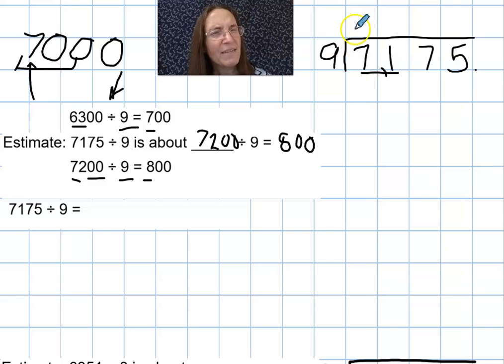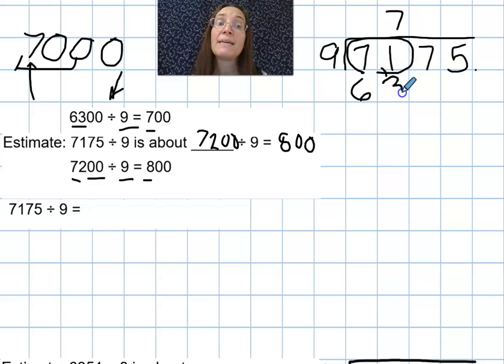Am I going to have any single thousands here? I am not. Today, I'm going to leave that blank. But just remember that since I'm regrouping the thousands as hundreds, I need to write my quotient for the hundreds in the hundreds place. Now, as we just did all this work over here, 9 times 7 is 63.